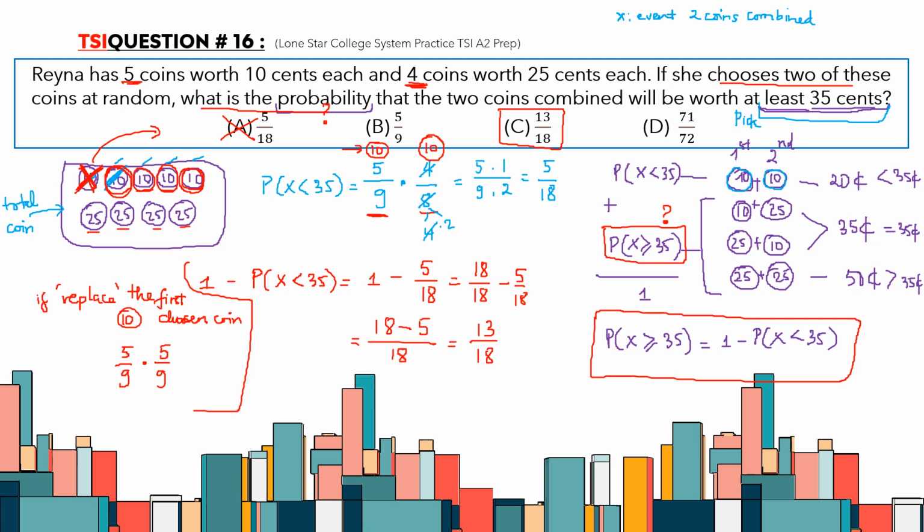But because in this question they do not replace, we have to reduce the total coins for the second pick to 8. The probability of an event is always equal to 1.